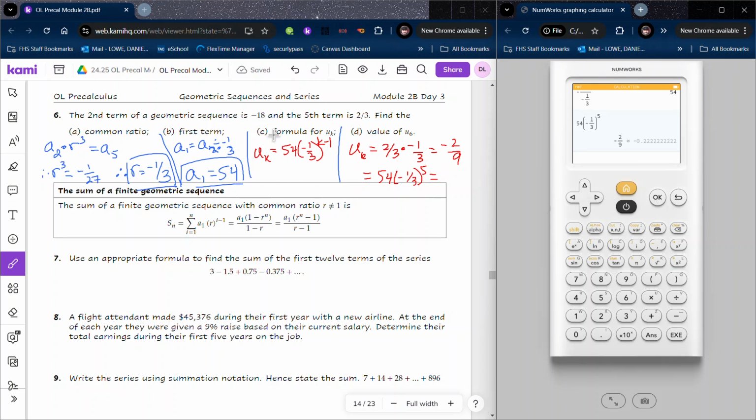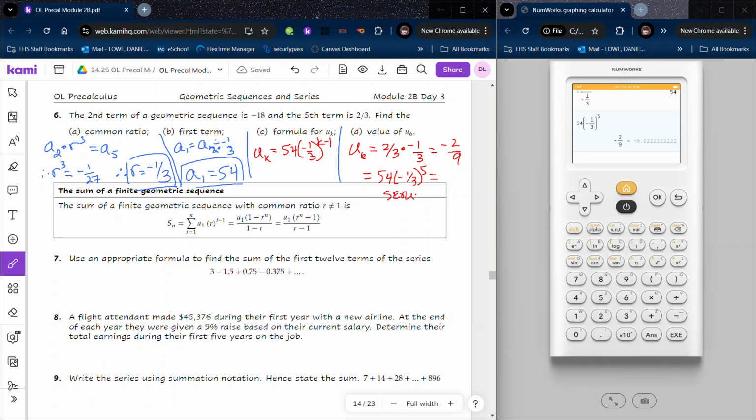What if we wanted to add up the terms? If we wanted to add up the terms in a geometric sequence, then we would have a sum of that geometric sequence, and the sum of a geometric sequence is nothing more than a series.